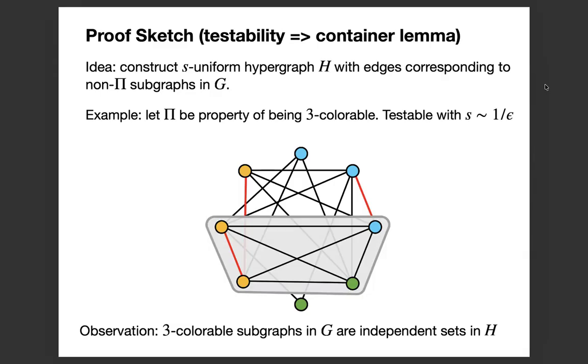Does that make sense? So if your graph is three colorable, like imagine your entire graph itself is three colorable, I claim that when you do this hypergraph thing, the hypergraph will be empty. Because if you're three colorable, every subgraph is three colorable, so you're never even going to add a single hyperedge. Hopefully it makes a little more sense. Any other questions?